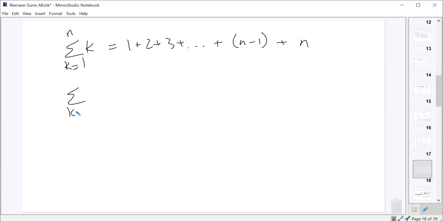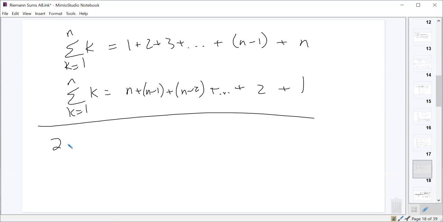And it could also be rewritten backwards. So n plus the number before n plus the number before that. And when I add them together, we'd end up with two of these summations being, well, 1 plus n is just n plus 1. And 2 plus n minus 1 is another n plus 1. And another n plus 1.